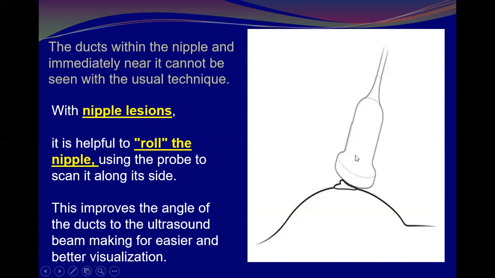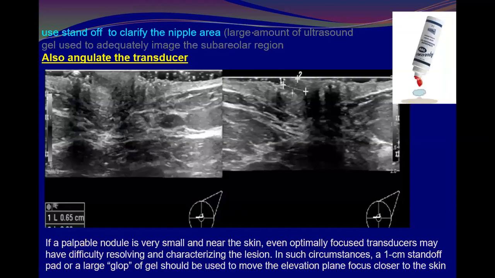Try to roll it and angulate the transducer. This will improve the angles of the ducts, and especially if you angulate in a radial way, you can align along the long axis of the ducts, and it will improve visualization.